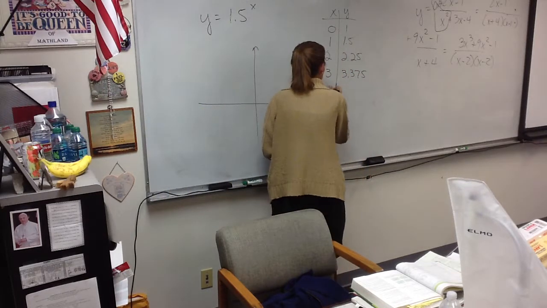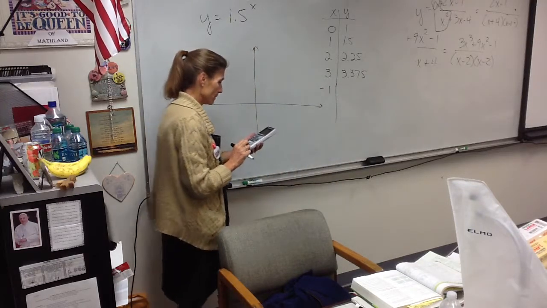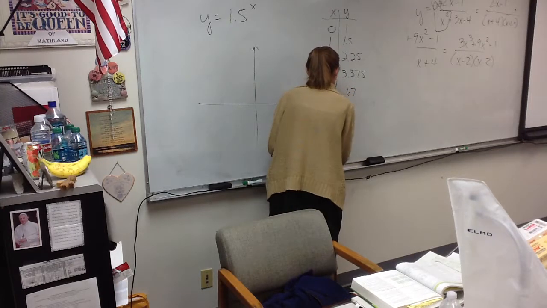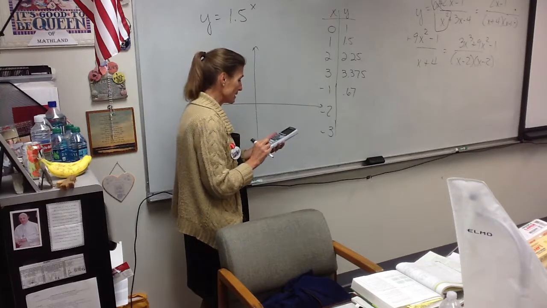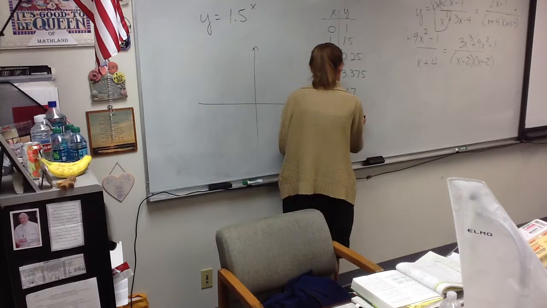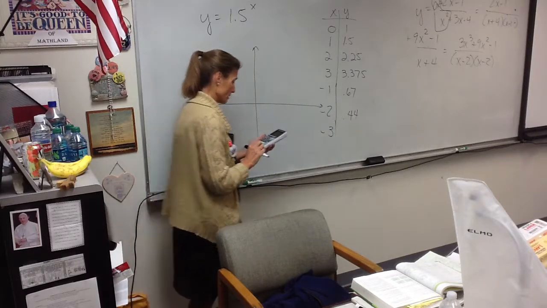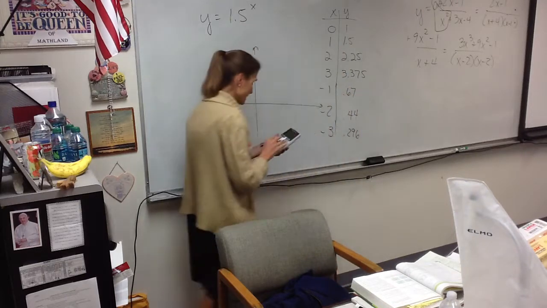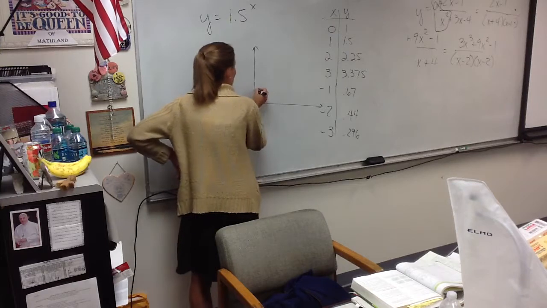Let's go the other way. What if I put in a -1? Get 0.67. -2. I'm just plugging in numbers, building a T-chart. Okay, that's enough, I think. Let's plot them and see what we've got. Here's 0, 1.